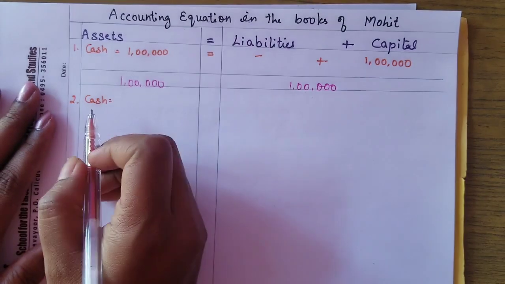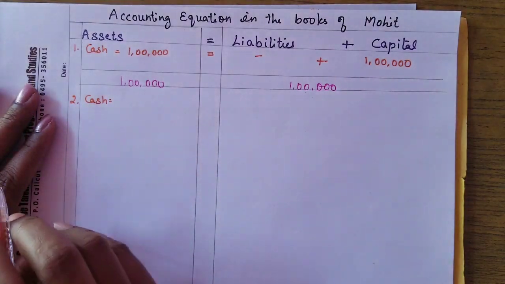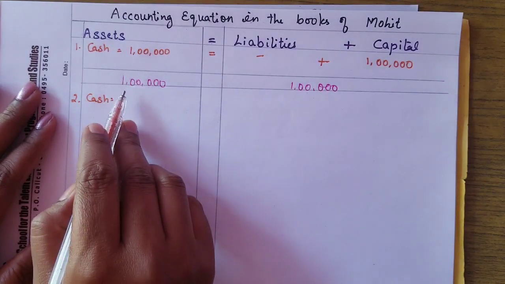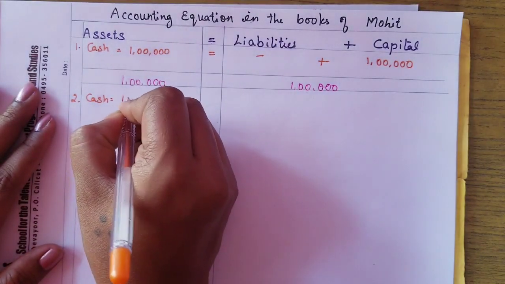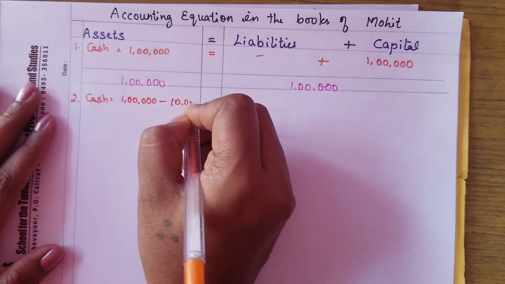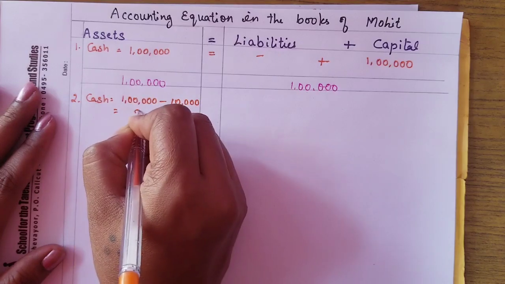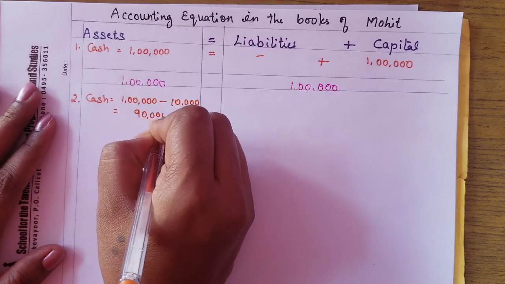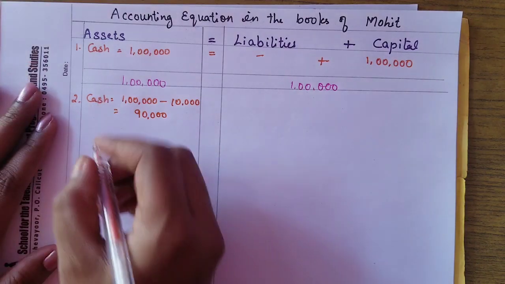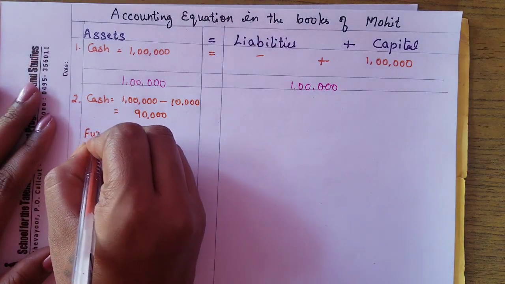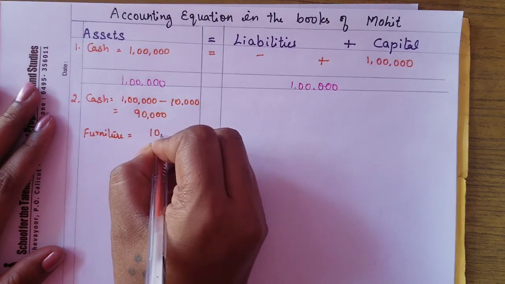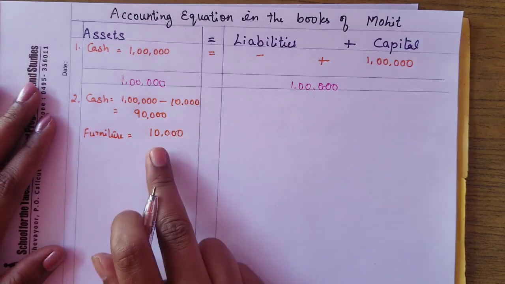Okay. So when they are purchasing the furniture for 10,000 rupees, the cash balance here is 1 lakh. They are paying 10,000 in this. So 1 lakh minus 10,000, the cash balance remaining is 90,000. The furniture again belongs to assets. So a new asset is coming into the business, that is furniture worth 10,000.